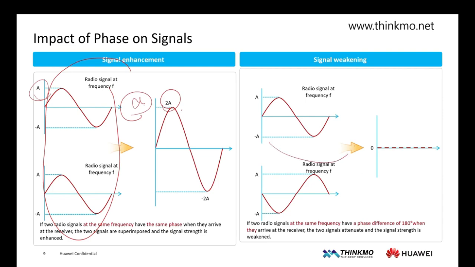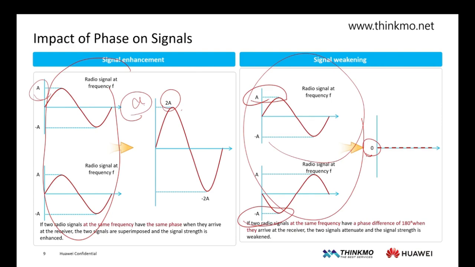Conversely, if the phases of the two signals differ by 180 degrees, signal weakening will occur. For example, one signal is A and the other signal is negative A. Then the result after superposition is 0. This is how opposite phases can lead to signal weakening.